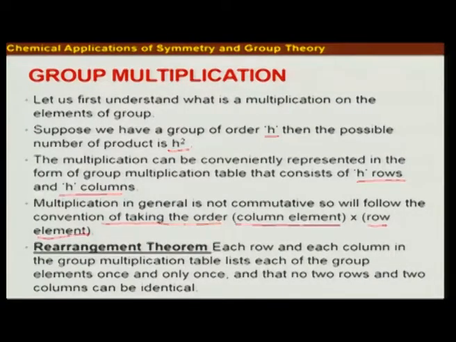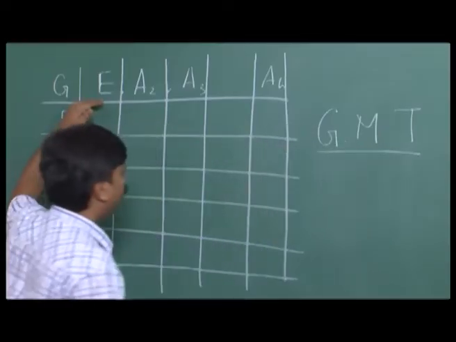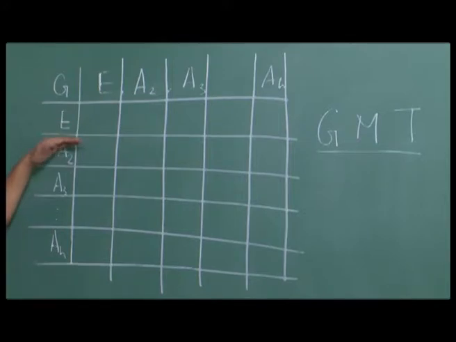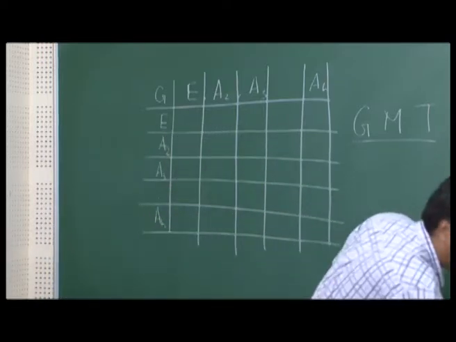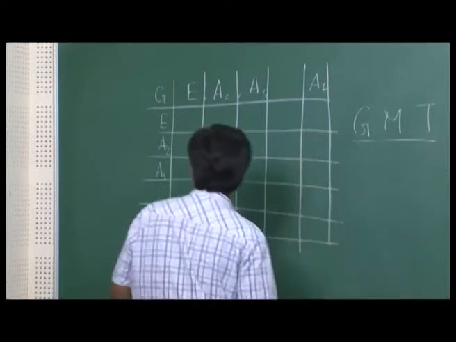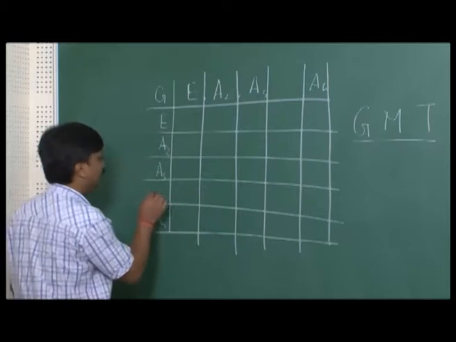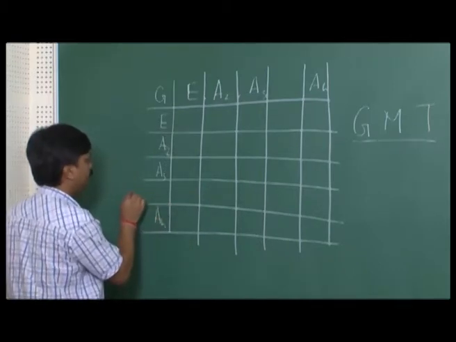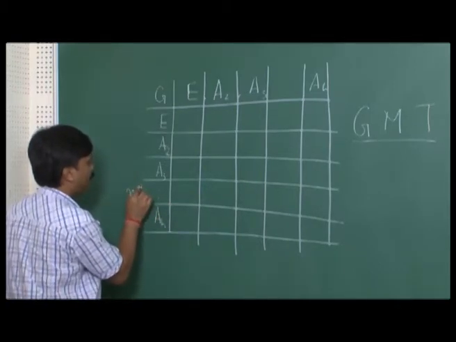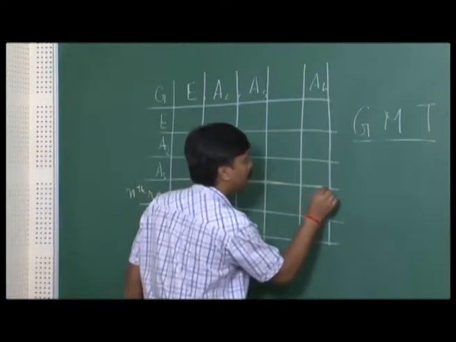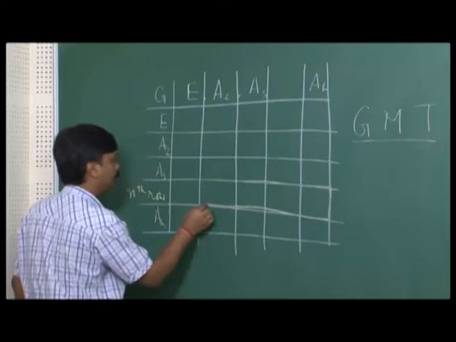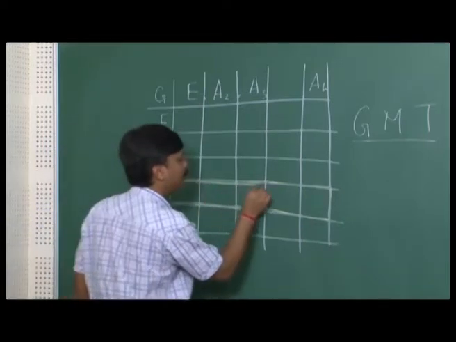If you look at this particular table here, I will take any particular row of this group multiplication table. Say I will take some nth row. Suppose this is my nth row.